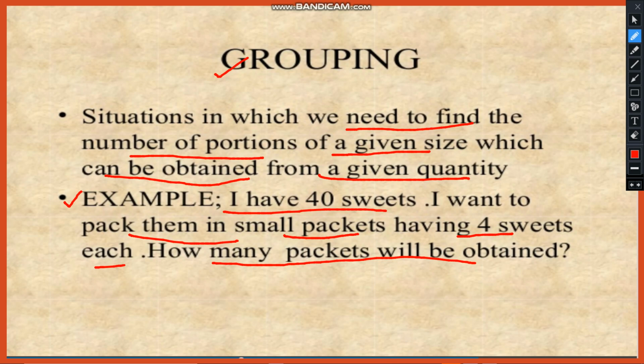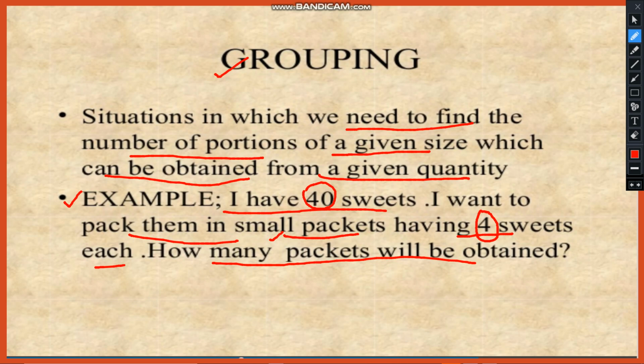So here the reverse is being done. The total quantity is given and they are saying that in each small packet the number of things which have to be present is given. Here the total is 40 and in each small packet they want 4. So again they want you to find out how many small packets are to be made.